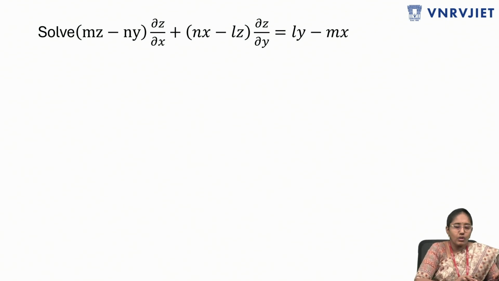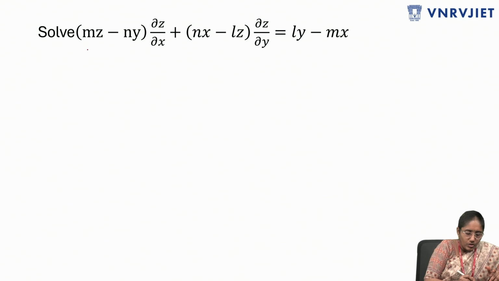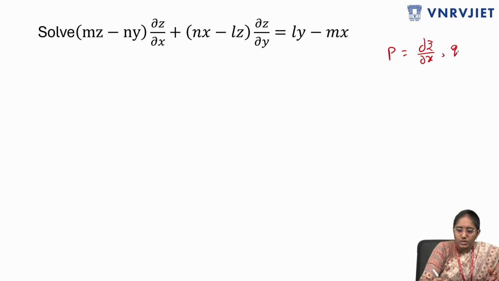Here, solve (mz − ny) ∂z/∂x + (nx − lz) ∂z/∂y = ly − mx. Now observe, is it in the form of Lagrange's linear or not? As we know, p is the standard notation for ∂z/∂x, and q is the standard notation for ∂z/∂y.